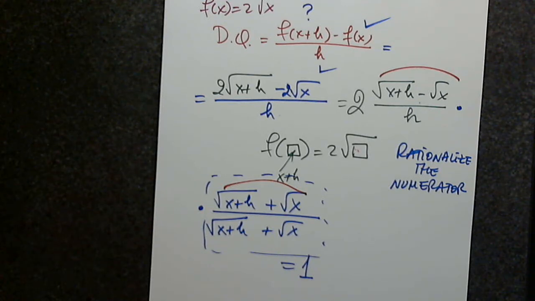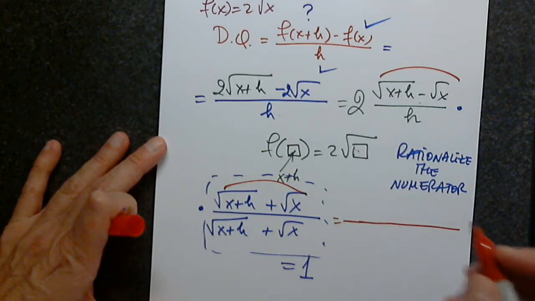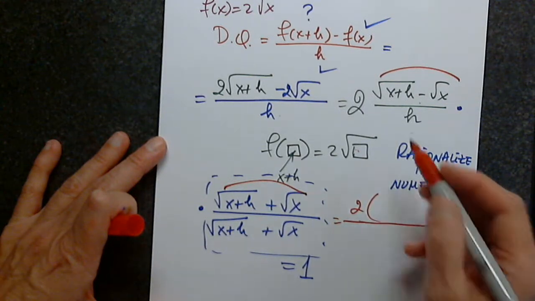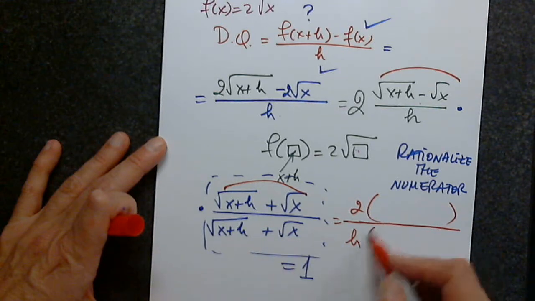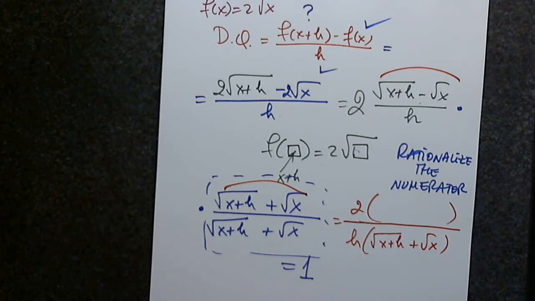Correct. So I'm going to copy the h, and I'm going to copy the square root of x plus h plus the square root of x. And I'm waiting for you to multiply the two tops. You should not think, right?